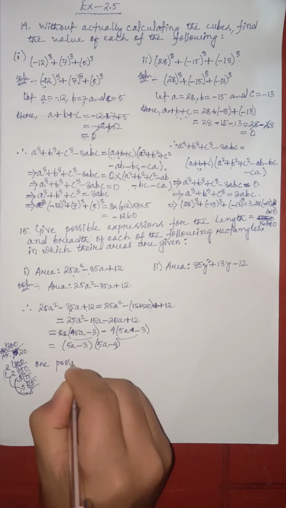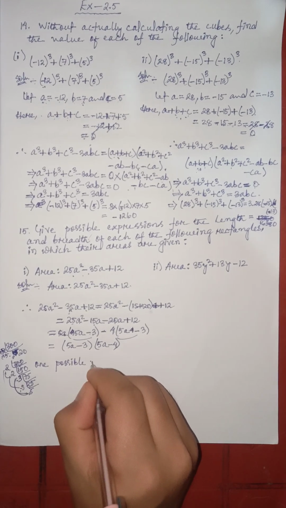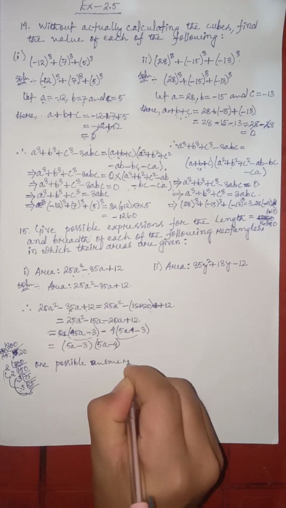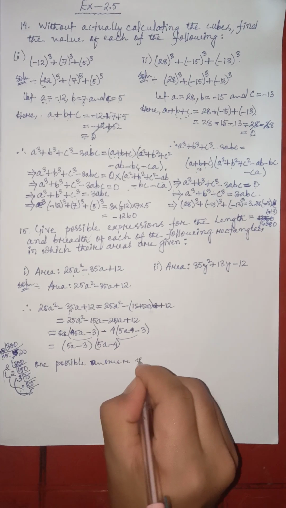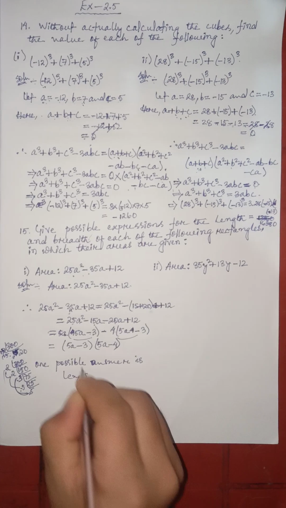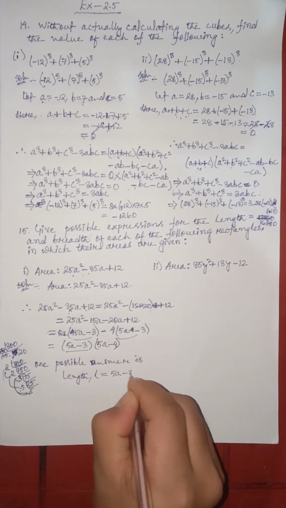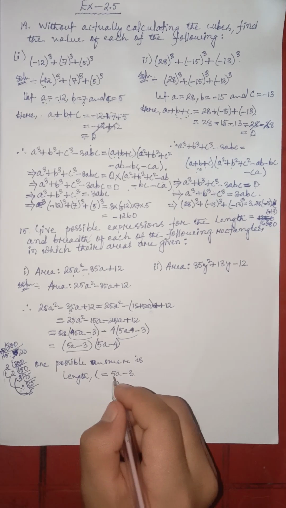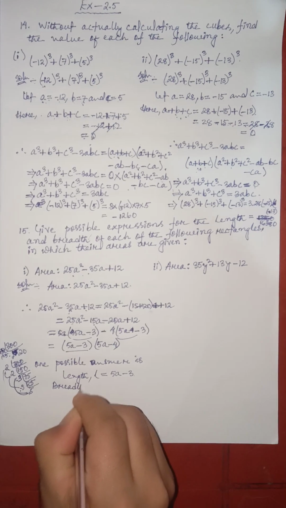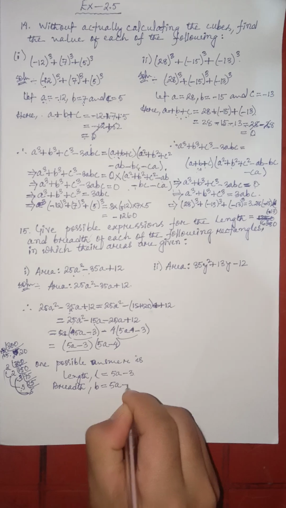You write it, one possible answer. Here, what is the length? It is 5a minus 3. And after that, breadth. Breadth is how much? It is 5a minus 4.